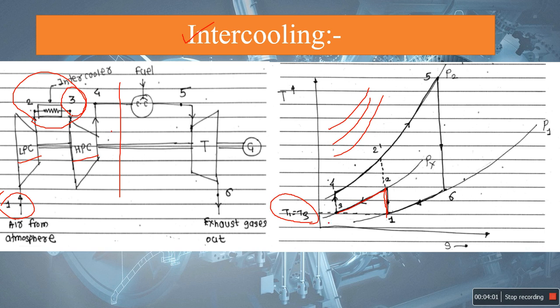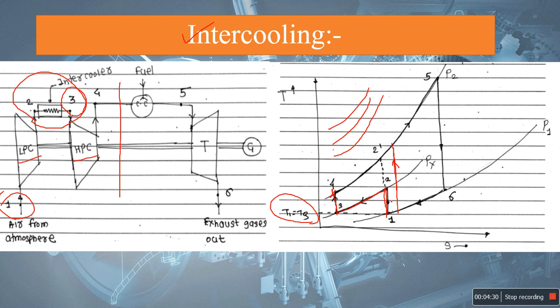Now the further compression is carried out in the high pressure compressor, 3 to 4. Suppose there is only a single-stage compressor and the whole compression is carried out in a single stage, from pressure P1 to P2 dash.